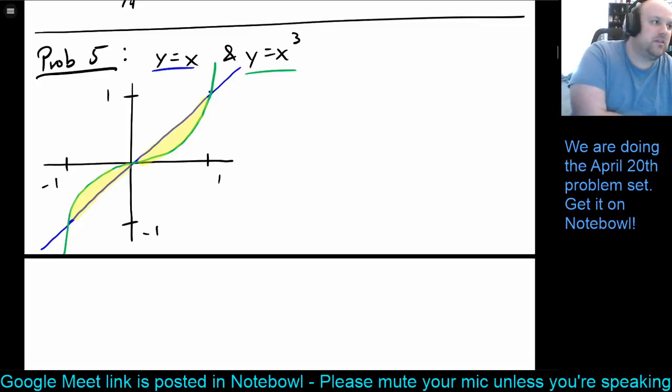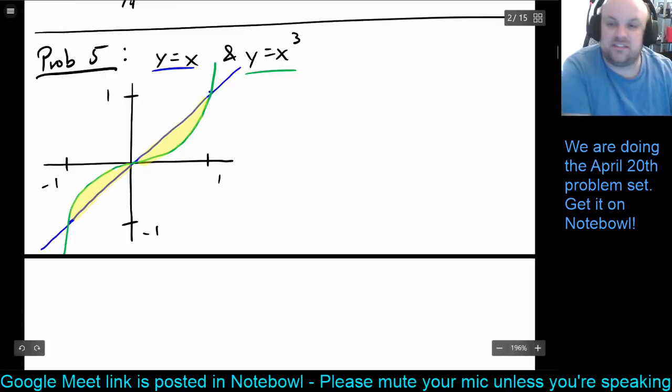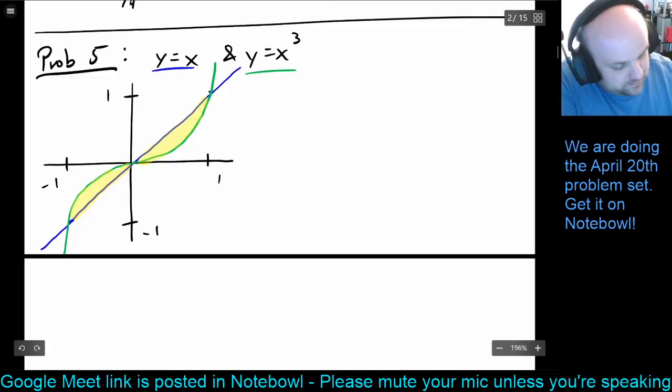To compute that area, notice that on this side, the green function, x cubed, is on top, and on this side, x is on top. So we just have to split this into two separate pieces.